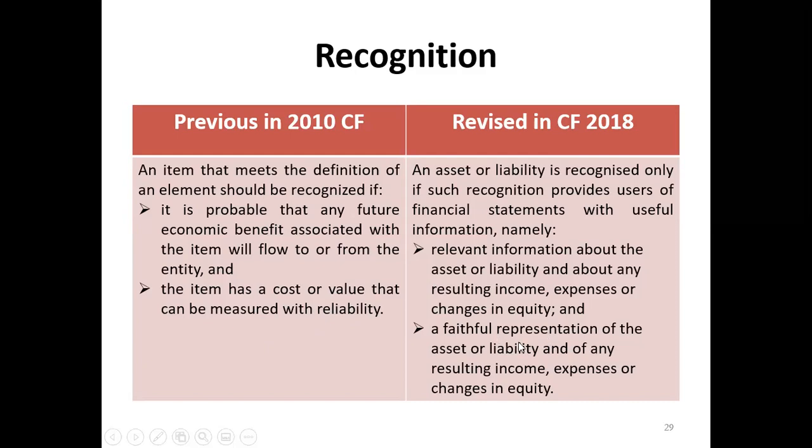When it comes to the faithful representation, the most important thing is the measurement, measurement with certainty. So the instances where there is a measurement uncertainty, you would say that the faithful representation may not be there.